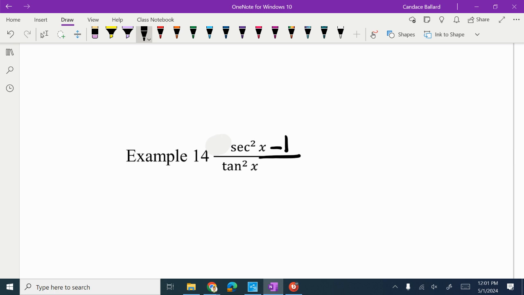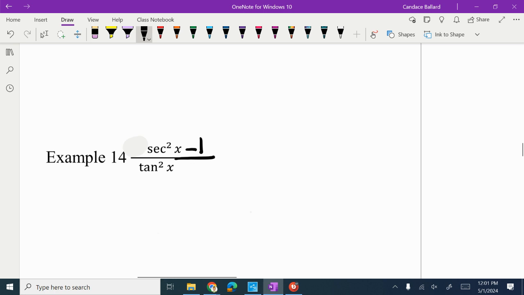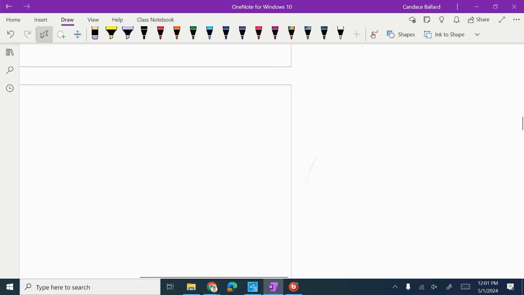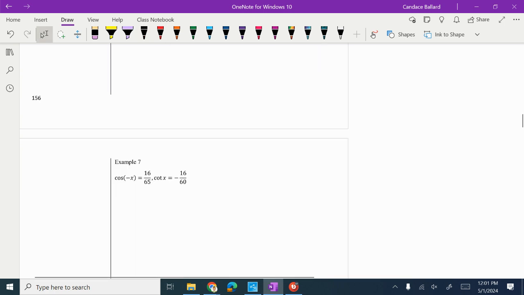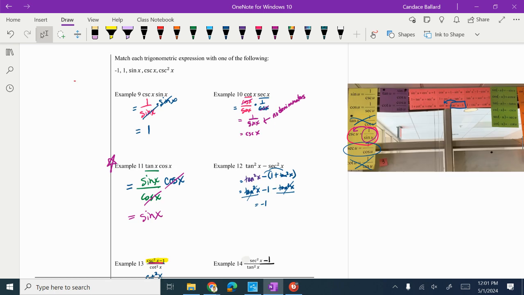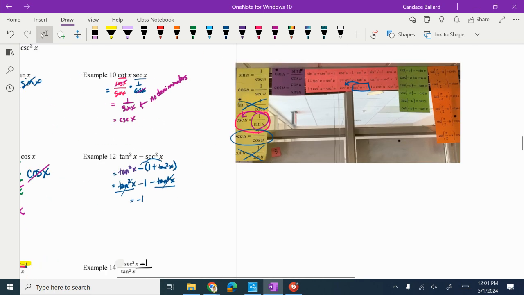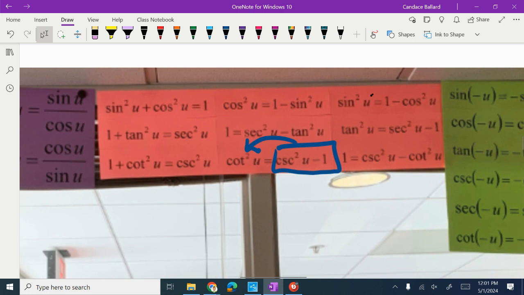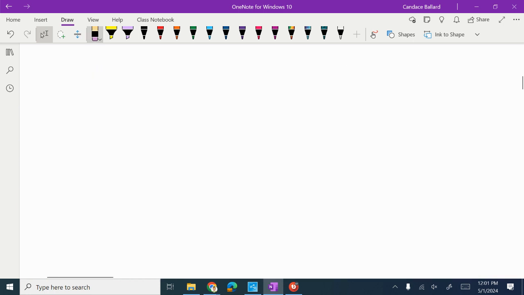Okay, let's take a look at it. We're looking at the sign, the pink Pythagoreans, because we found squared stuff and things that look like them. Where did my sign go? It keeps disappearing on me. I went way too far up. Okay, I want secant squared x minus 1.